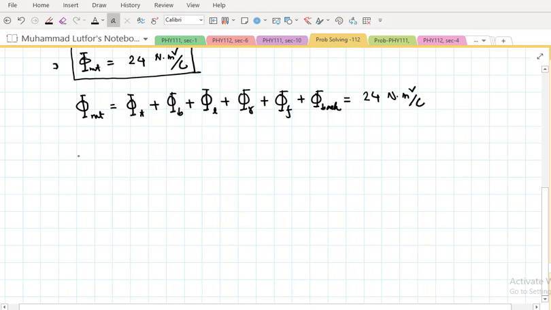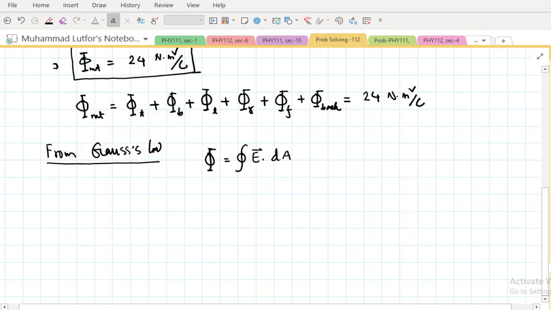I can find it from Gauss's law again, because phi for any surface is the integral of the electric field dot dA, the dot product with the area.